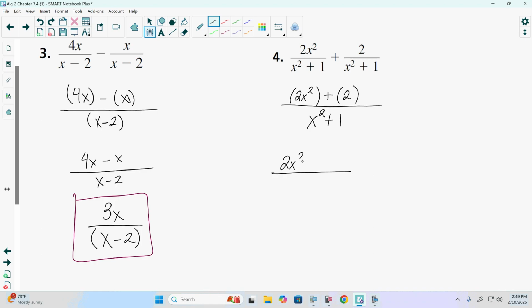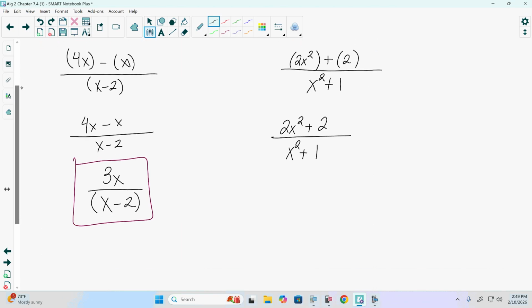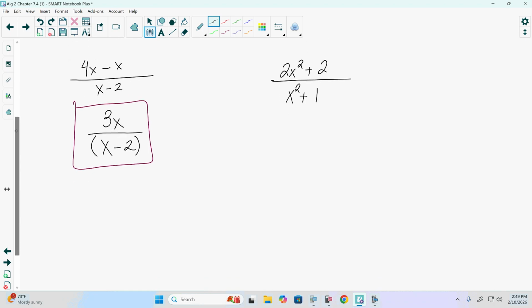As we distribute the plus, we distribute our signs. Really telling us that we have 2x squared plus 2. 2x squared and 2, are they like terms? No. I can't add those.